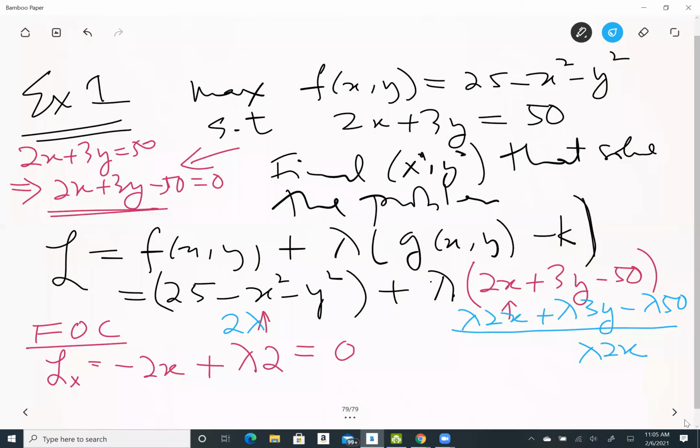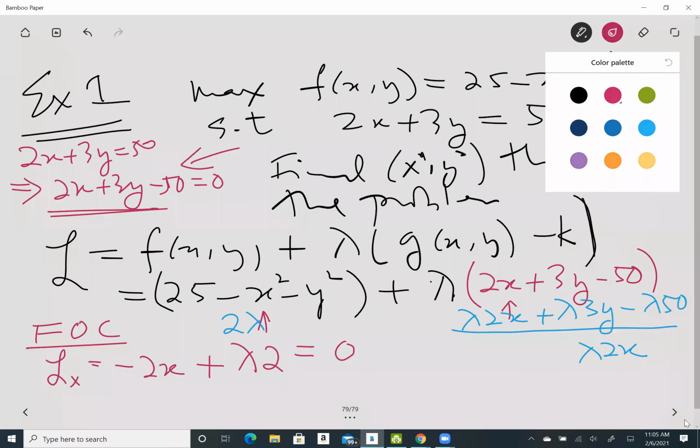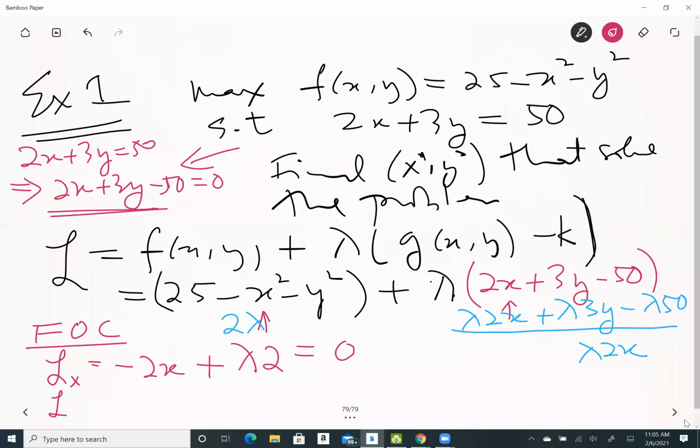Okay, secondly, you get the Ly. What do you get for Ly? Take the derivative with respect to y now. What do I get? Negative 2y plus lambda times what? Lambda 3. Okay. So that is our number 1, number 2.